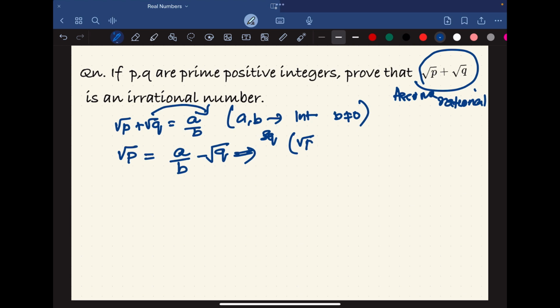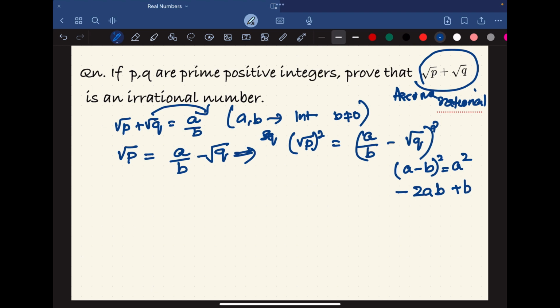That means root p the whole square is equal to a by b minus root q the whole square. Okay, so can we write this of the form (a - b) the whole square? What is (a - b) the whole square? a square minus 2ab plus b square. Exactly. So now we will apply this identity, right?